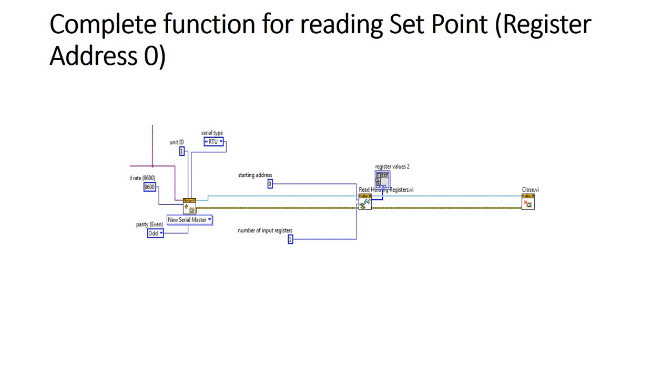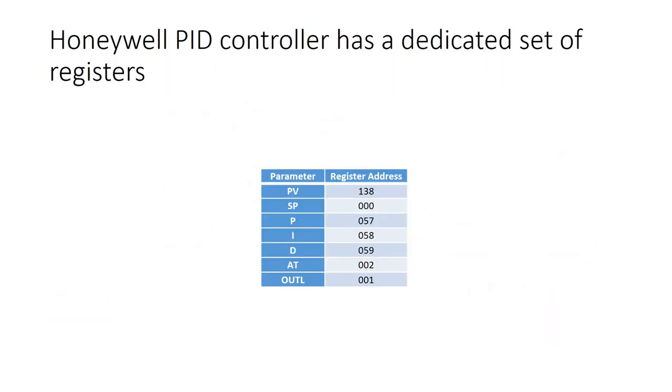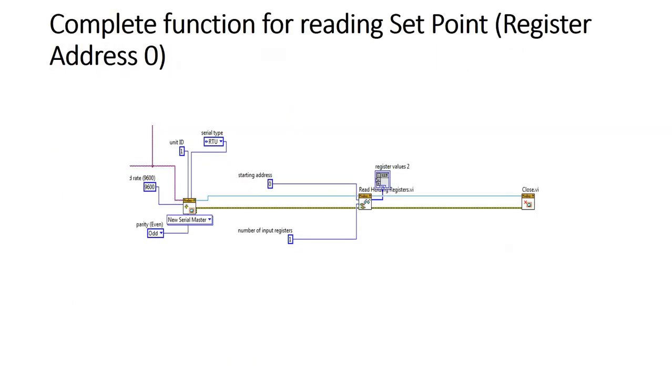So what you do is you have the starting address. For the set point, earlier we have seen it was 000. You can see that 00 is set here at the starting address. That means you are trying to access the set point SP. So SP write, SP read.